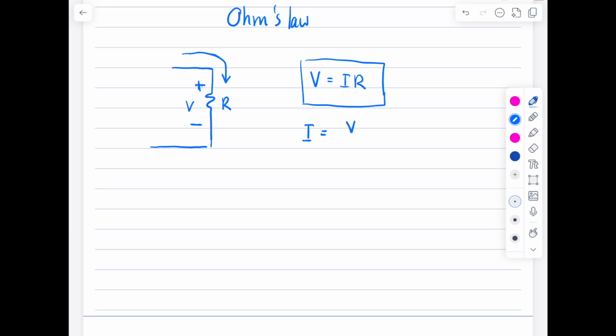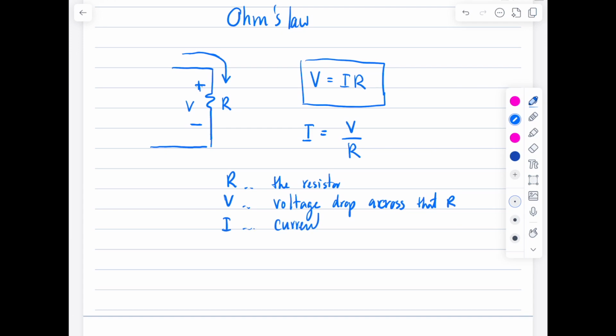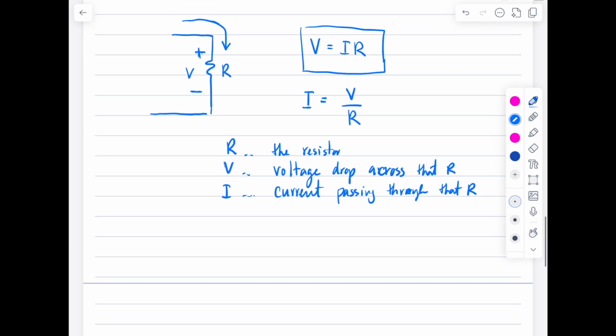Or I is equal to V over R. Okay, so R is of course the resistor, V is voltage drop across that resistor, that R, and I is current passing through that resistor.